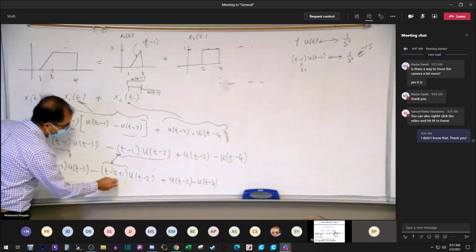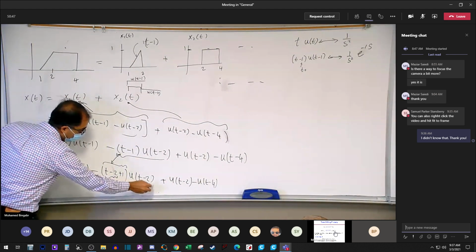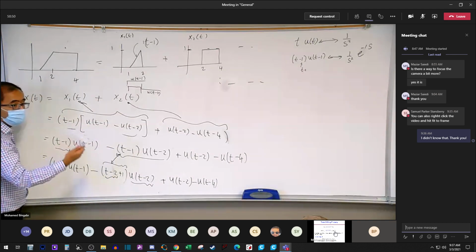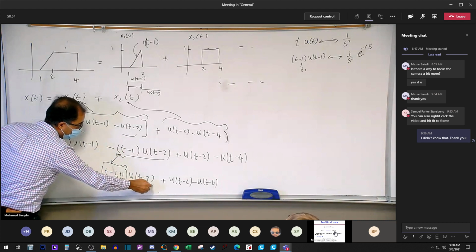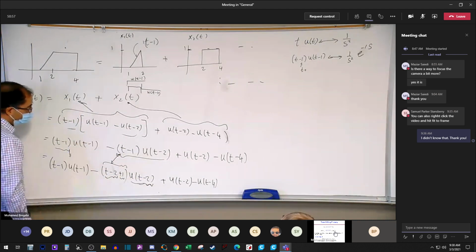Now I can take these and multiply them by this one, and I will get both of them shifted by the same amount. I get another signal, which is okay.